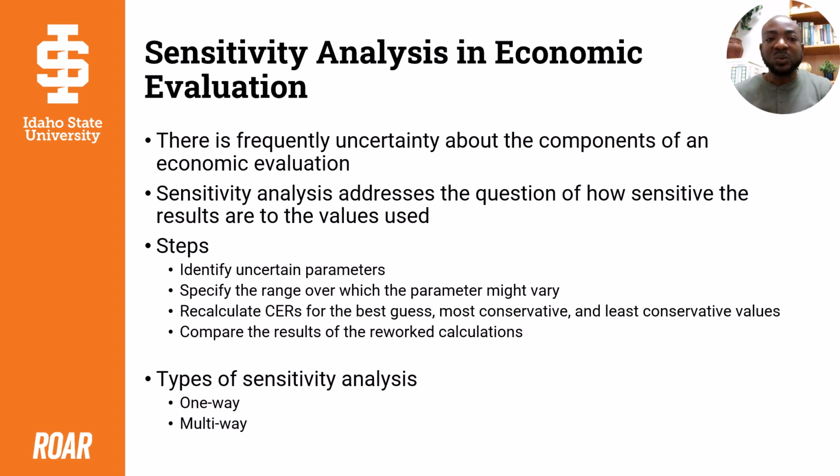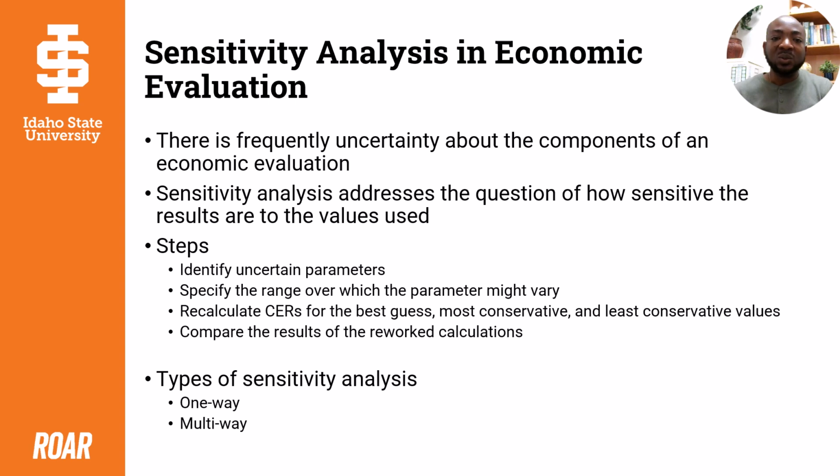The third step is to recalculate the cost-effectiveness ratios based on combinations of the best guess value of 80 days, the most conservative value of 70 days, and the least conservative value of 90 days. Based on the reworked calculations, robustness of the study results may or may not be confirmed.